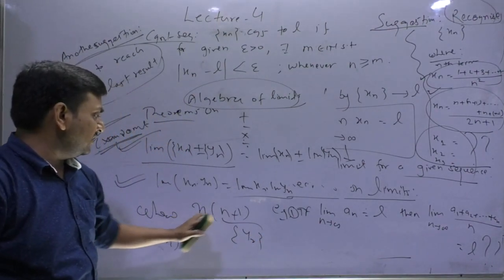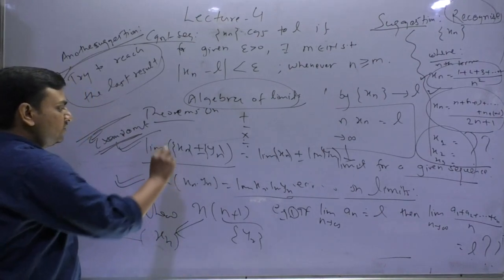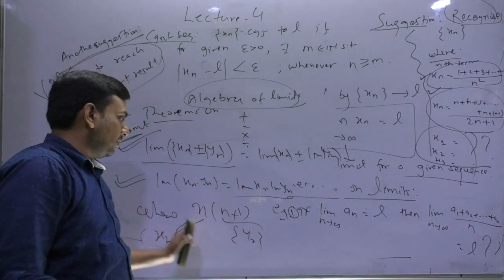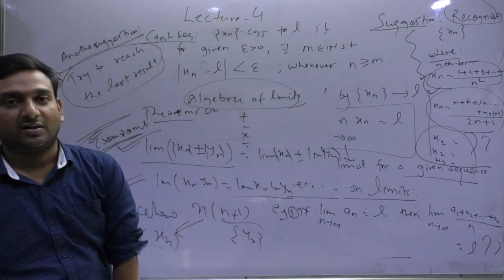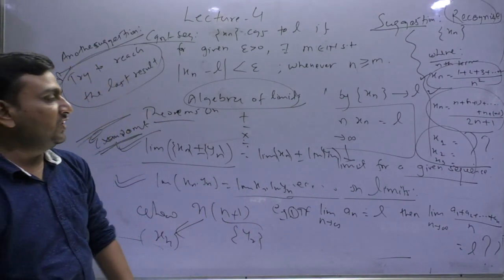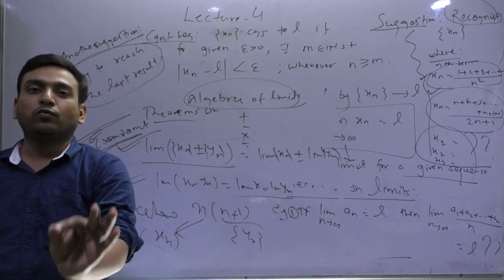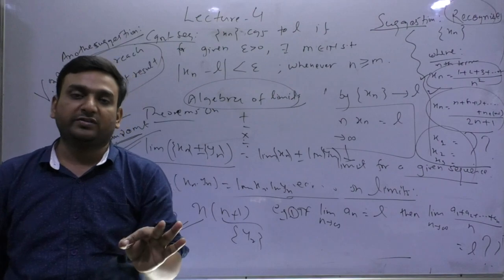And by calculating these two limits separately and using the algebra of limits, you can easily calculate the limit of this sequence. Getting? So this is the picture for the introductory convergence of sequences.